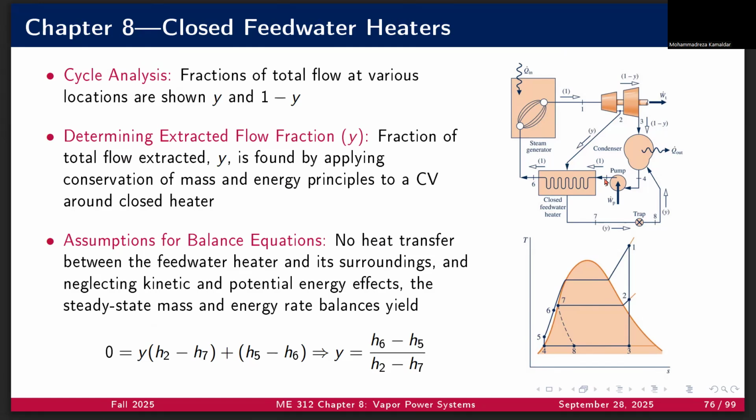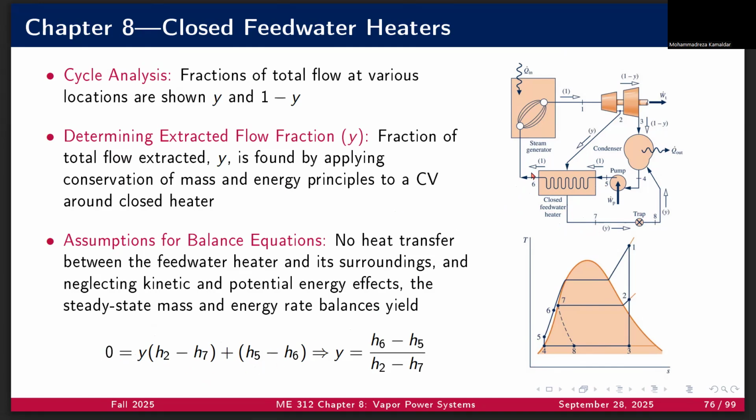So 1 multiplied by H5 plus Y multiplied by H2 should be equal to the outlets, basically Y multiplied by H7 plus 1 multiplied by H6. If we move everything to one side, they will equate to 0. Basically, Y multiplied by (H2 minus H7) plus (H5 minus H6) is equal to 0.